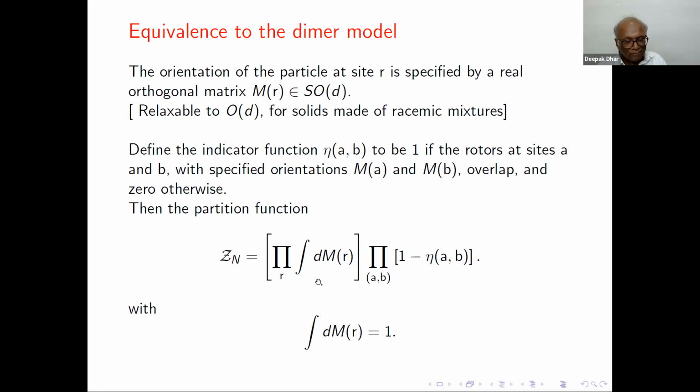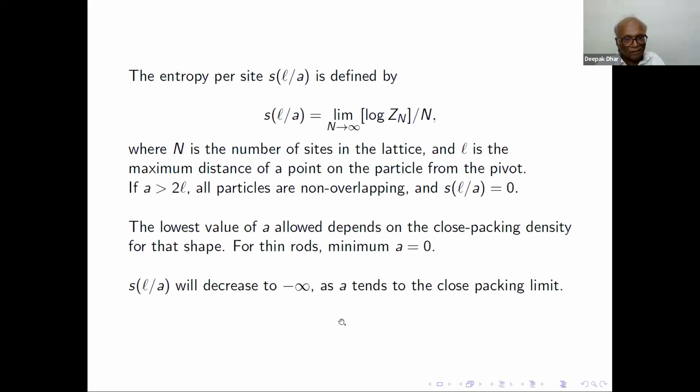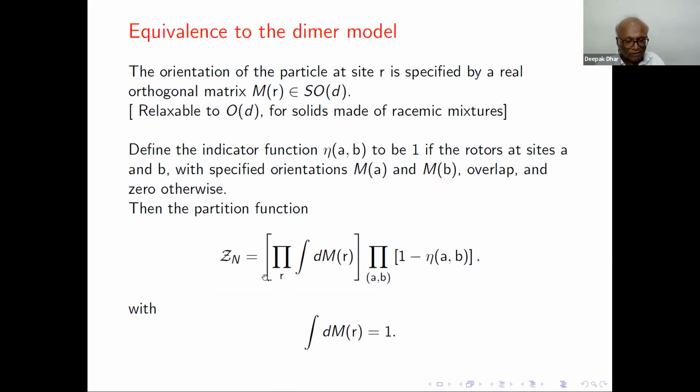Okay. And then the partition function is you integrate over all orientations, and 1 minus eta AB just says that nothing overlaps. The normalization is picked so that this integral over the orientation by itself is 1. This is the partition function.